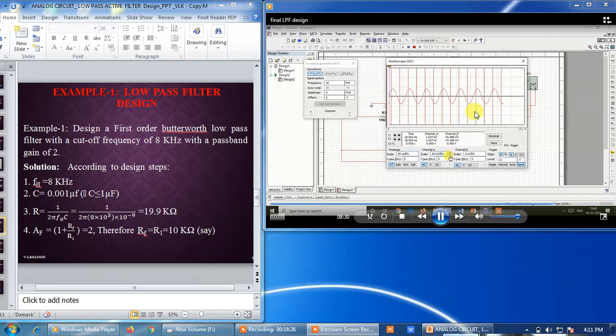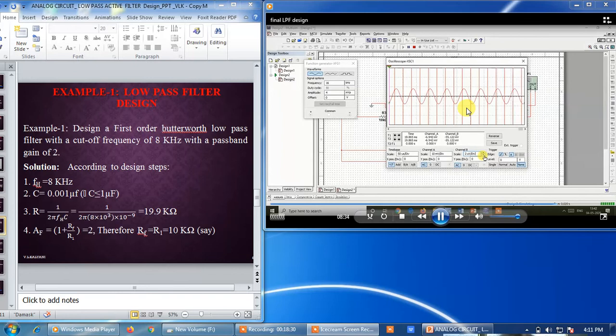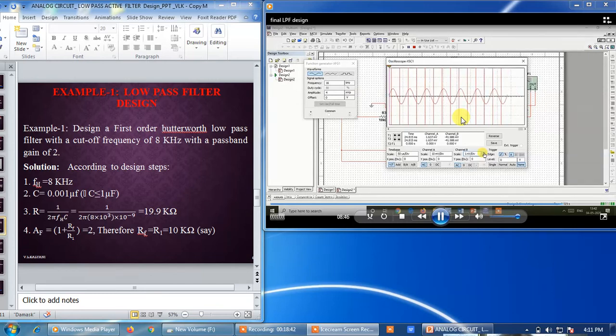As you can see here, the output is in sine form. So after adjusting these scales or changing the frequency and amplitude, you can find out the result at the CRO. So here the output will be in sine form.